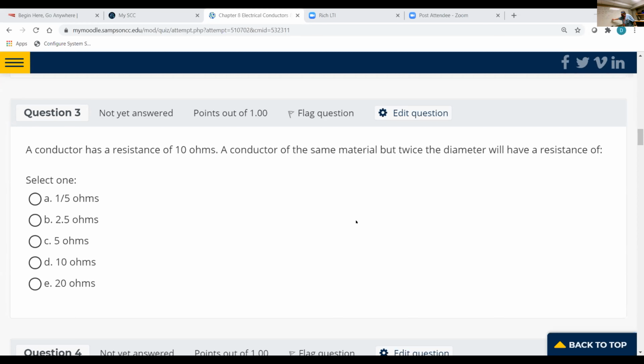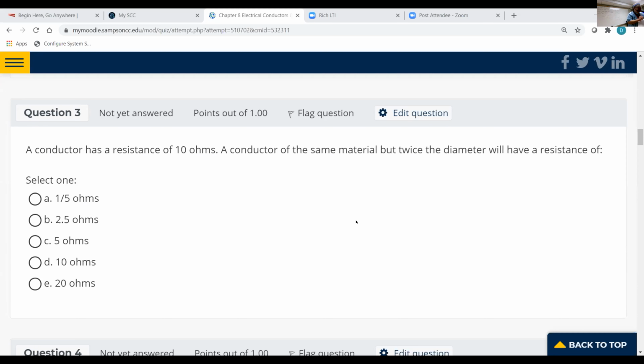If we know that the circular mils is going to quadruple, and we quadruple that bottom number, and we're sitting here at 10 ohms, then you're going to quadruple that number, and it's going to cut it to a fourth, right?